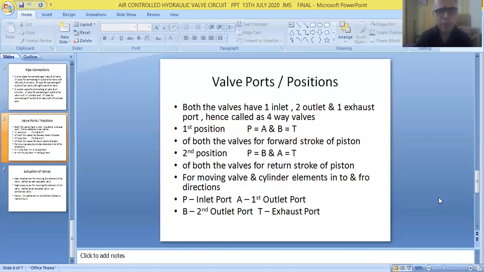Capital P for indicating the inlet port of the valve, capital A for indicating the first outlet port of the valve, and capital B for indicating the second outlet of the valve, and finally letter T is used for indicating the exhaust port of the valve. So these are the positions and these are the ports. We have to remember the notations used for indicating the various ports of hydraulic and pneumatic valves.